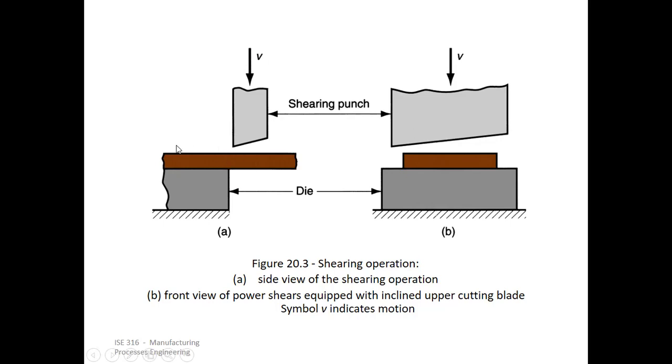Therefore, they are basically offset from one another. When the punch moves down, the material will rest on the die because there is no resting surface for this portion of the sheet. It has to shear off, right? So all the way through, not just at this particular cross section, but all the way through.